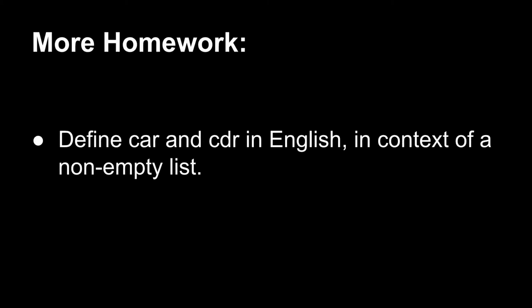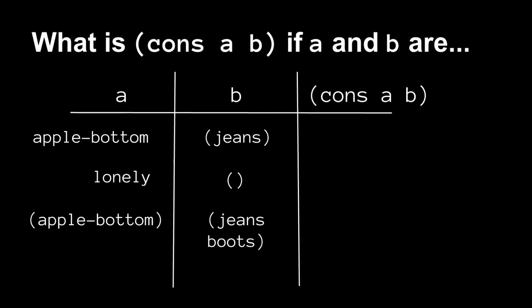So let's continue. Cons. Cons is important just because you want to know. Cons is short for construct. And I think that's a really important concept you want to know in Lisp. And this will hopefully show you why.